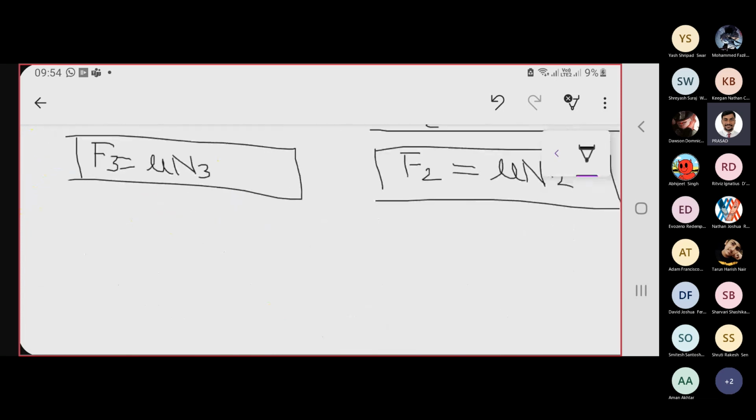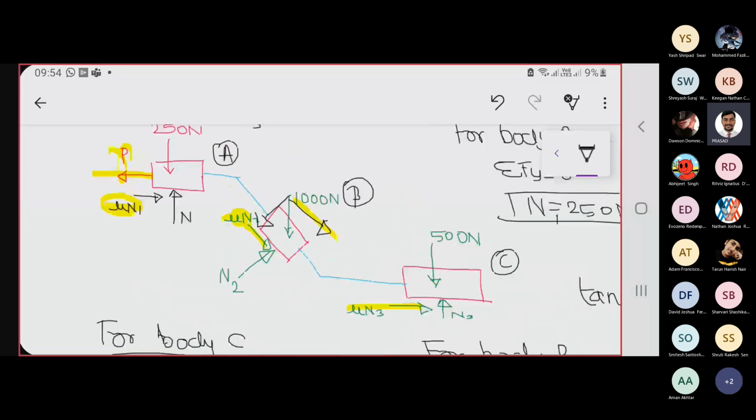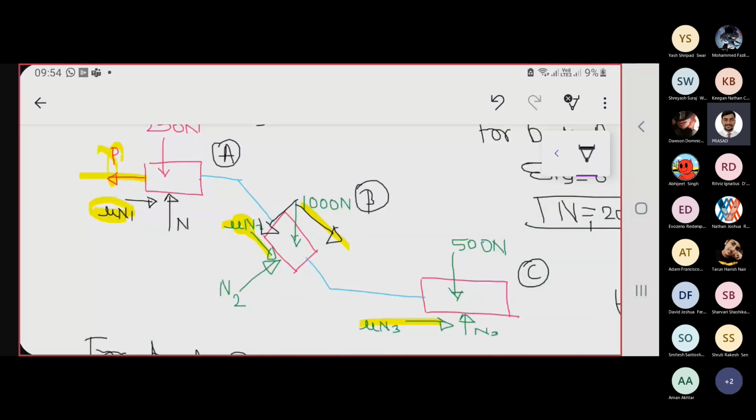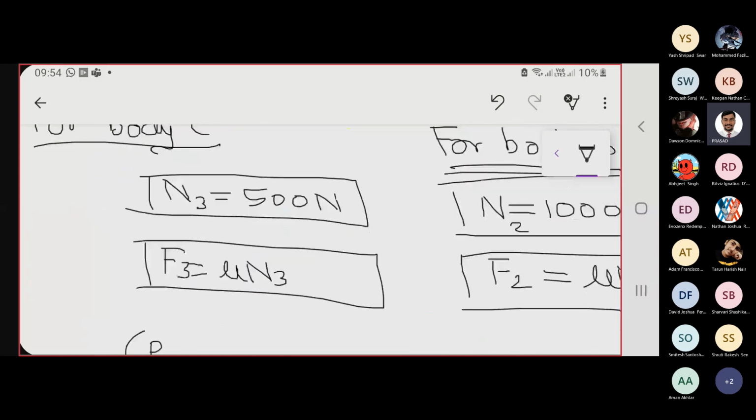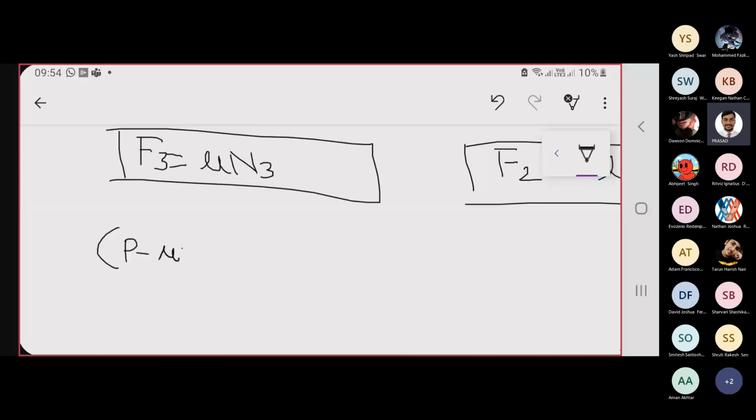So let's write down. P is in the direction of motion. Now we are not looking at right and left as positive. We are only looking at the direction of motion. So P is positive along the direction, minus mu N1, minus mu N2, minus 1000 sin theta, minus mu N3.